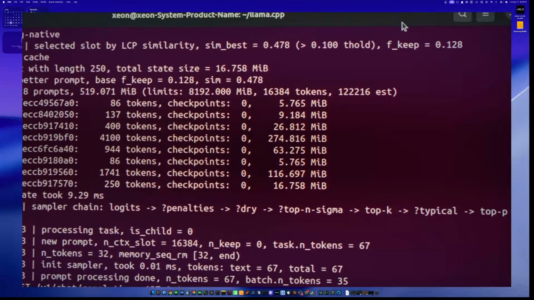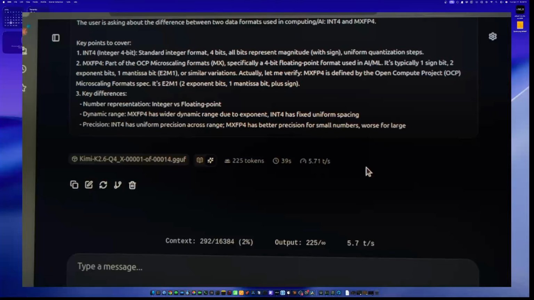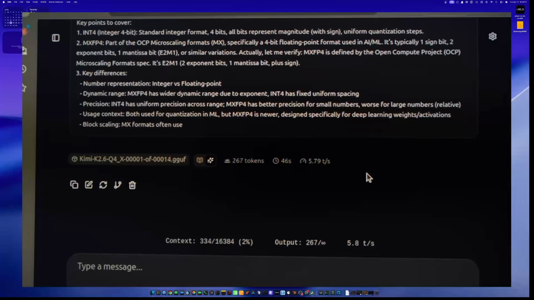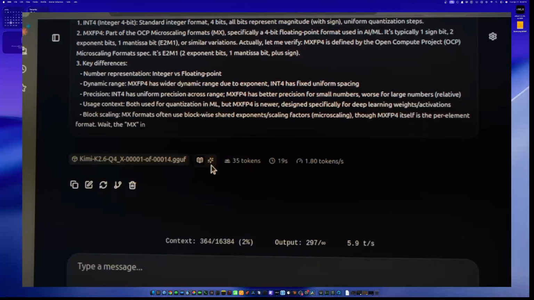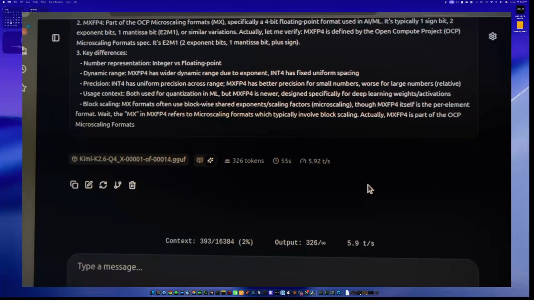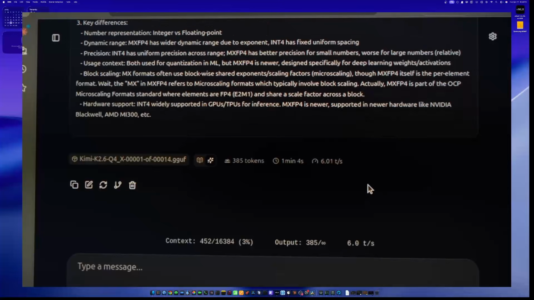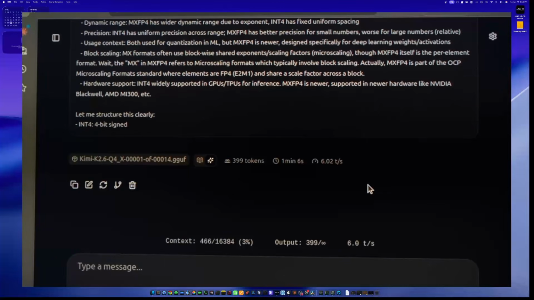So it does feel faster than 1 token a second because it just loads in the checkpoint, and we only have to prompt process 35 tokens. But it does actually go up to about 10 tokens a second prompt processing. I have tried it without the checkpointing, so I can't really tell you what the highest this would go to.